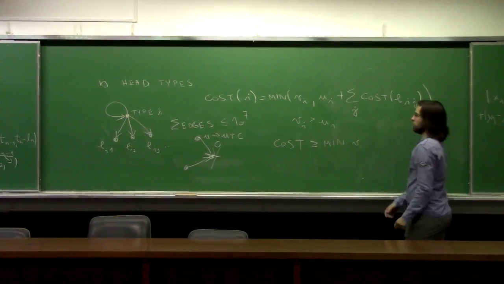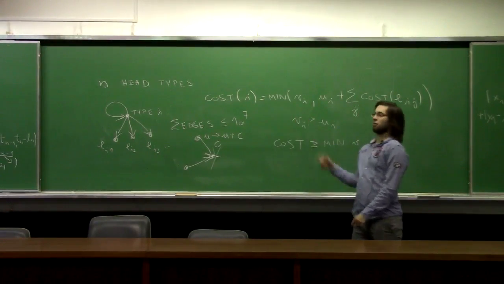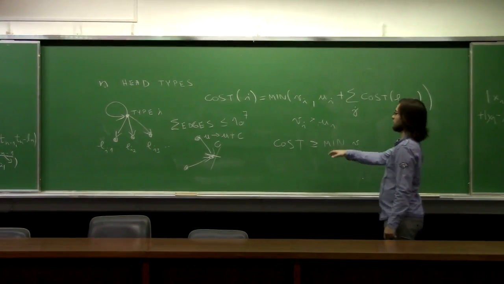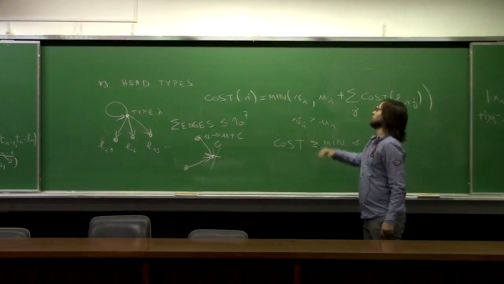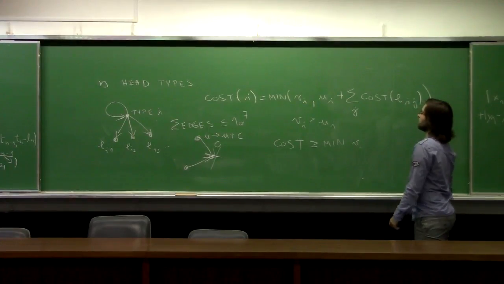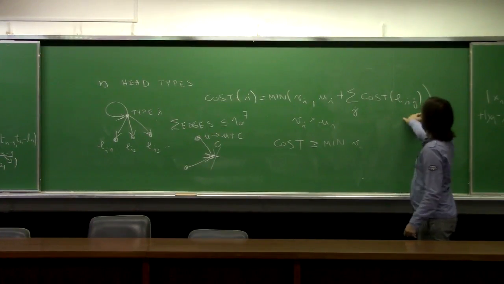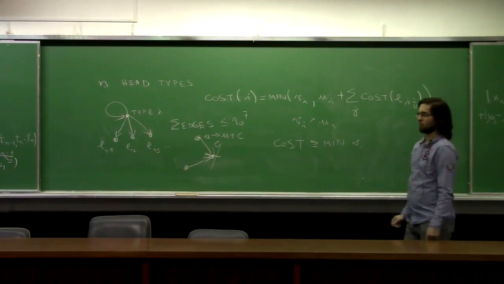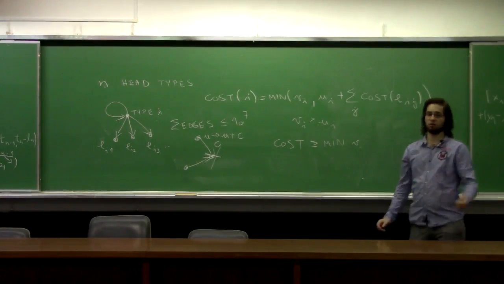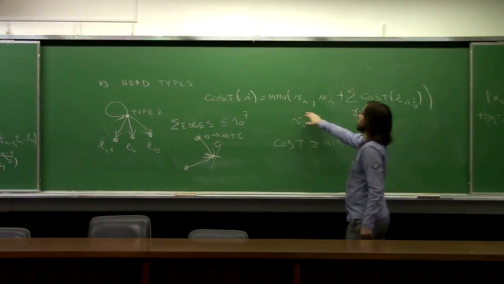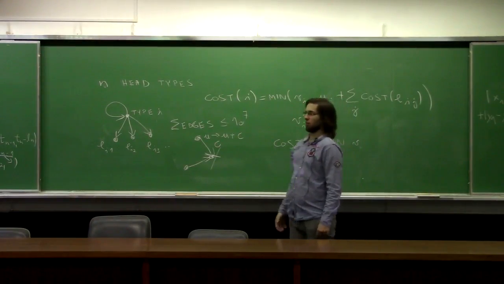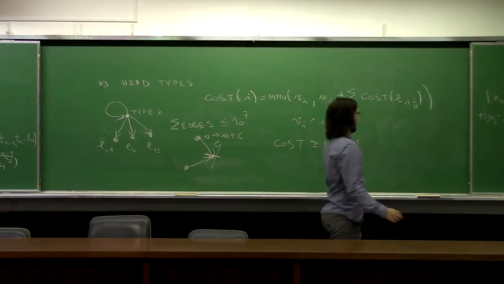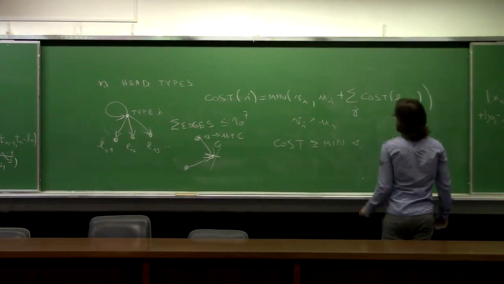So any cost i is greater or equal to the minimum of v, because either we just use cost v_i or use cost u_i plus some of these costs, but whatever we do, we either create more heads or just have to completely destroy some head, and completely destroying it gives cost at least min v.